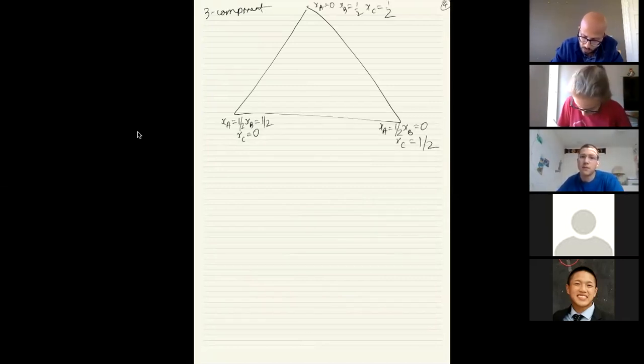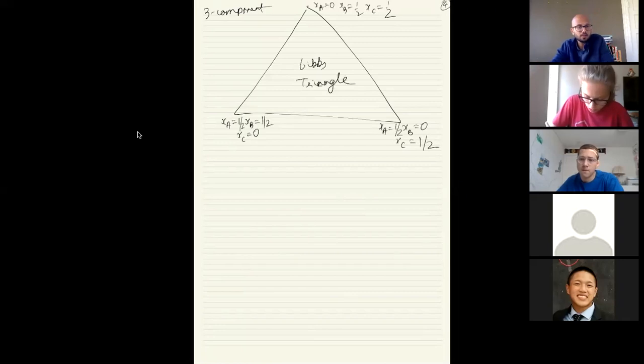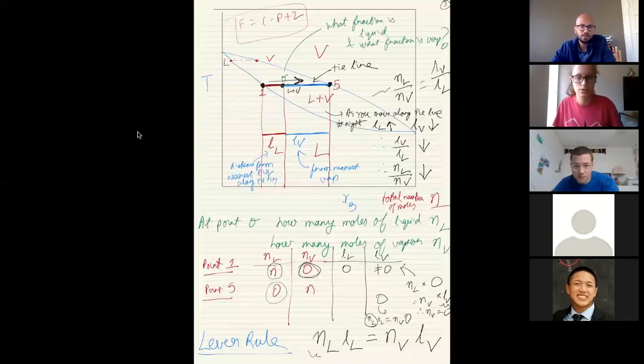And such a triangle is called a Gibbs triangle. This is something we have not done in this class because it is messy. It's really complicated. Drawing tie lines in a Gibbs triangle is way more complicated than what you just did.